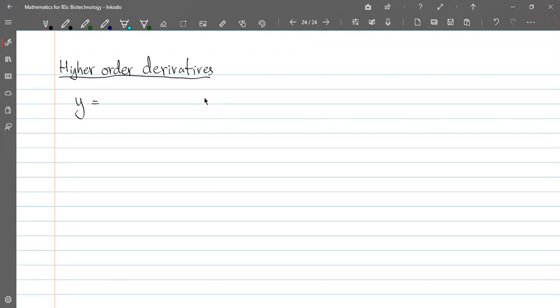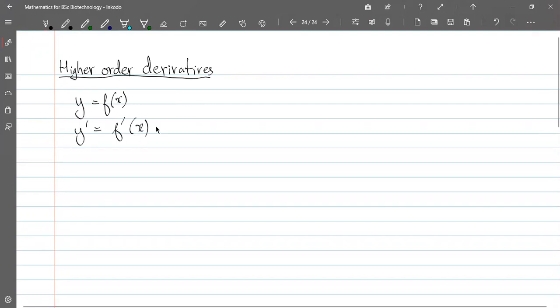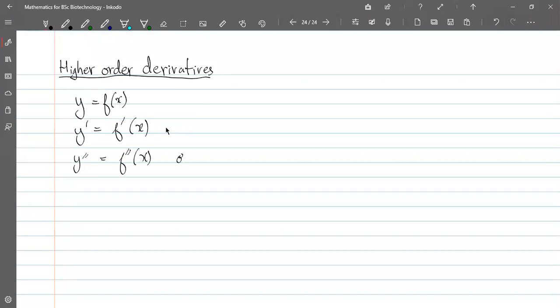You have y equal to f of x is a function, and therefore you can differentiate it to find y prime is equal to f prime of x. But this derivative is also a function. So you can ask what is a derivative of that function, and that's what we denote by y double prime or f double prime of x, or d square y by dx square, or d2y by dx square.